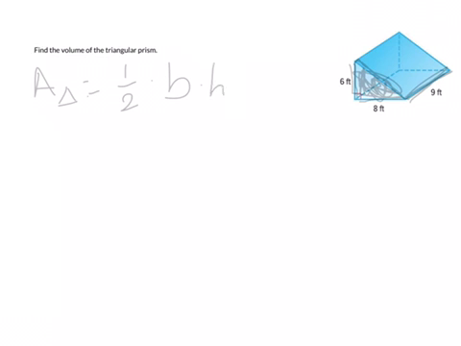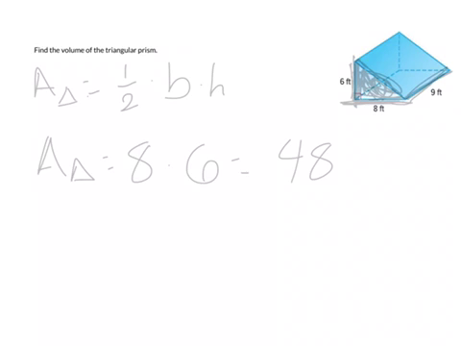It's basically the same thing as the rectangle, except you're dividing it in half, dividing it by 2. If I take this to be my base, 8, then the height of the triangle, not of the entire shape, is this right here, the 6. So 8 times 6 is 48, and there's my area.